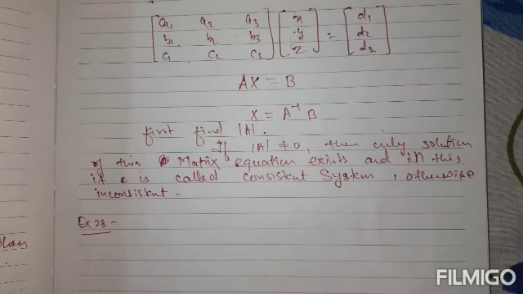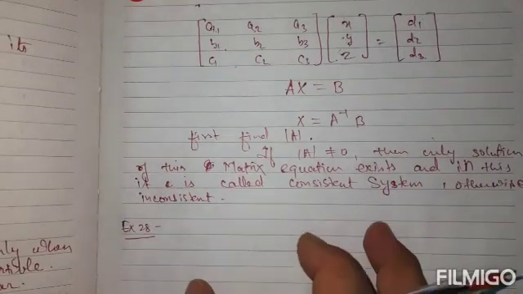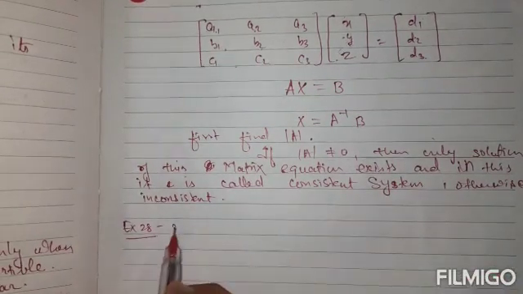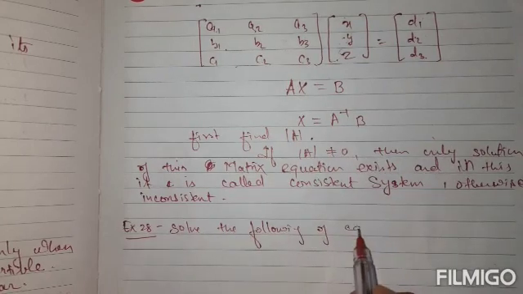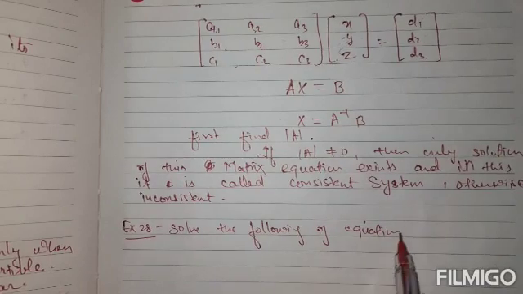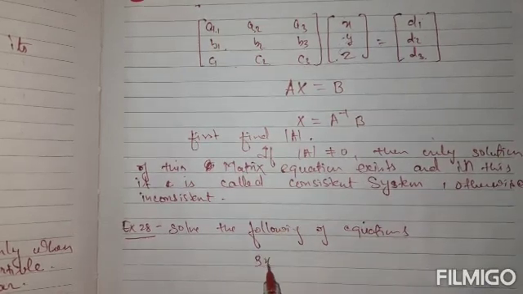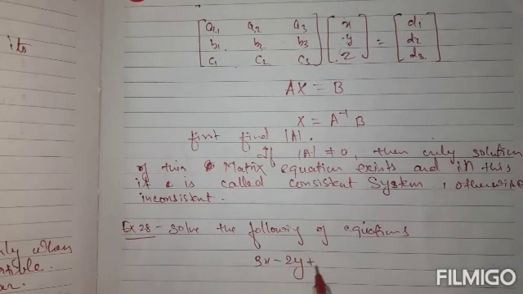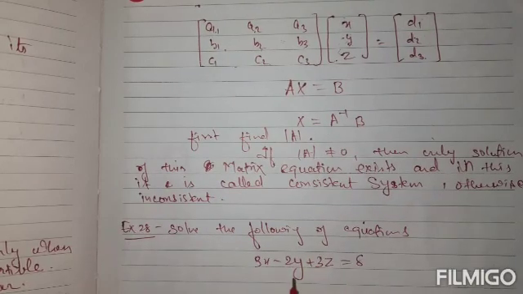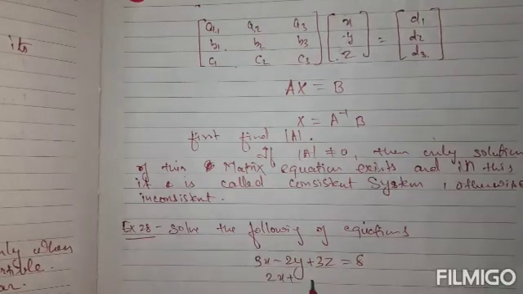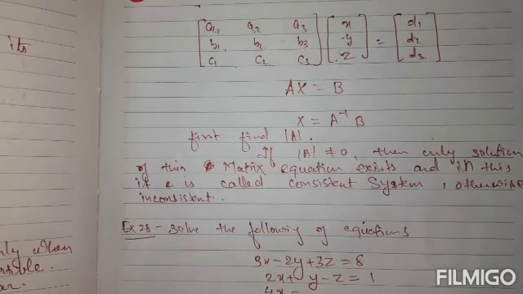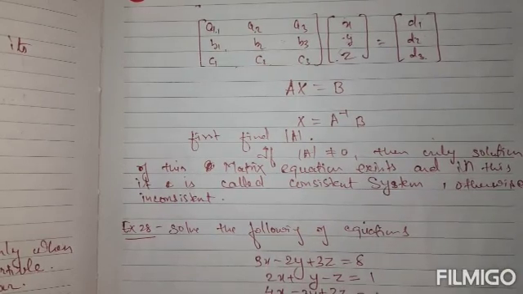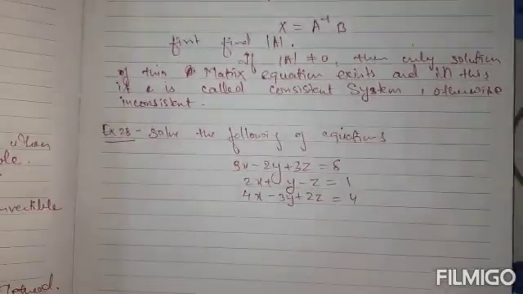The question reads: solve the following system of equations. The equations are 3x minus 2y plus 3z is equal to 8, and 2x plus y minus z is equal to 1, and 4x minus 3y plus 2z is equal to 4. This is the system of equations given.